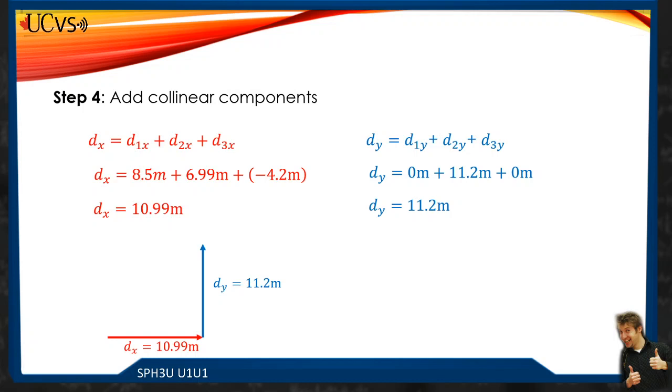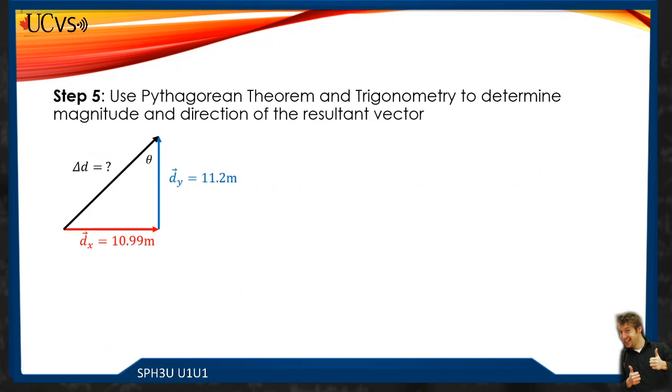This is telling me that for my final answer, I'm going to go 11 meters east because it's positive and 11 meters north because it's positive. And I'm going to get a final answer, which is this black line here, this black vector. We just have to figure out what that is, and we can do that using the Pythagorean Theorem.